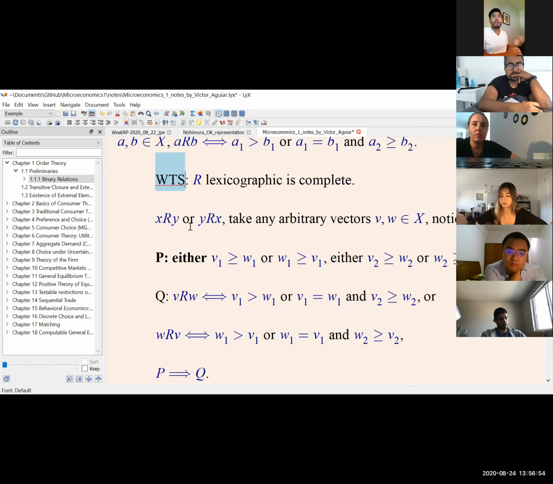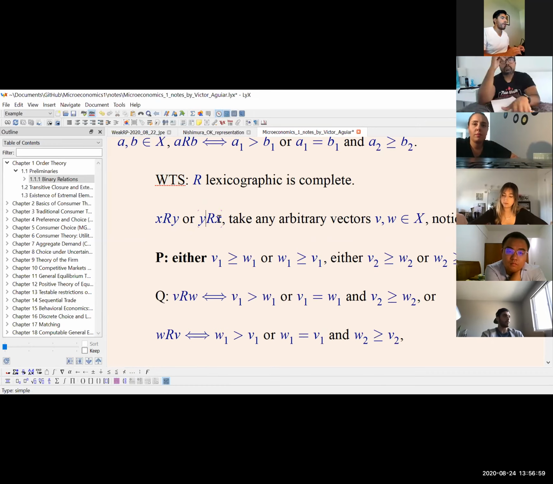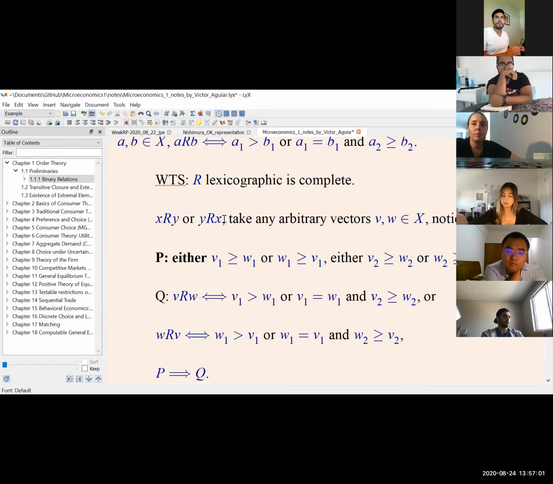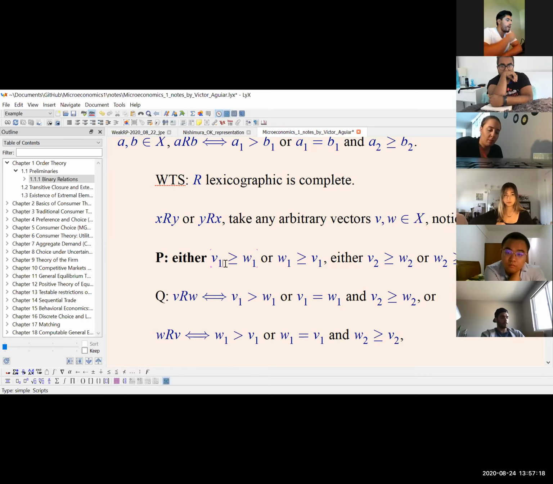So what it means to be complete is that either X is in relation with Y or Y is in relation with X. So that's the statement of completeness. In words, it means that I can rank any two items, okay? Any two items will be put in this relation. So take any two arbitrary vectors, V and W, and now I'm gonna show you the logical structure, right?